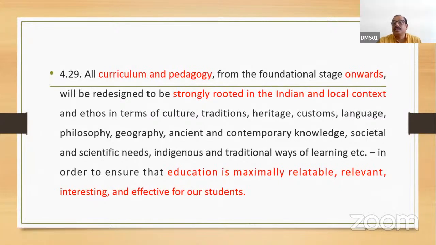So that means whatever examples, whatever illustrations you give, if you give them from the local context or from the Indian background context, then it will have more meaningful value. By doing that, they say that education is maximally relatable, relevant, interesting, and effective for our students.